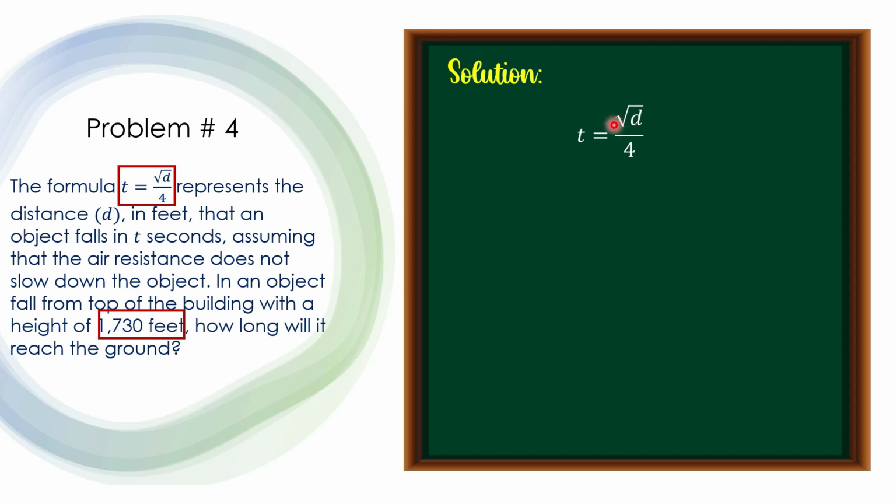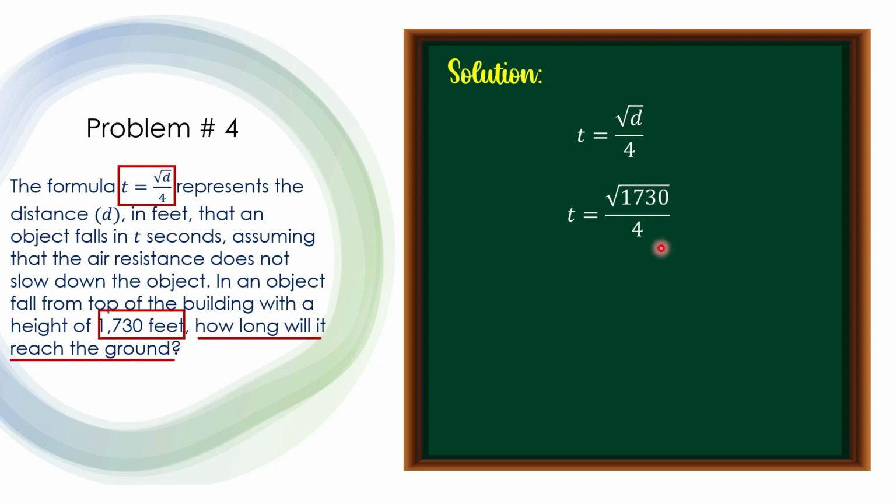So therefore, we will have t is equal to the square root of 1,730 over 4. So from this equation, we will now compute for how long it will take for the object to reach the ground.